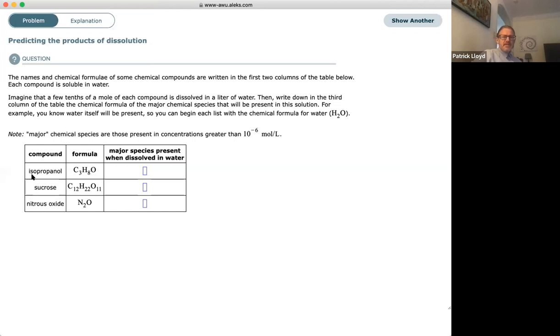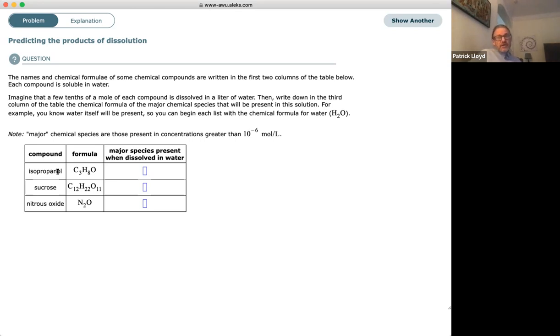Okay, take a look at the first one. Now, this is called isopropanol. Now, they're tricking you here. I think it's kind of mean in a way. They don't show you an OH in here. So what they're expecting you to do is to recognize, oh yeah, you have the carbons and hydrogens. It's the ending. So in chemistry, when something ends in OL, it's generally an alcohol. So isopropanol is an alcohol. So what do you get when you dissolve isopropanol into water?